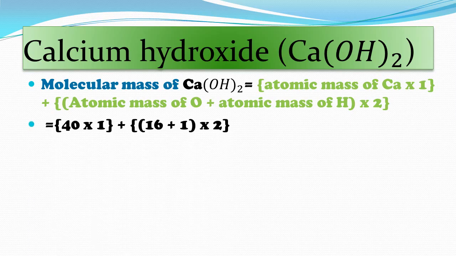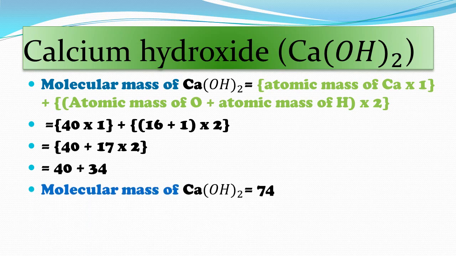The atomic mass of calcium is 40 multiplied by 1, plus the atomic mass of oxygen, 16, plus the atomic mass of hydrogen, 1, multiplied by 2. So next it will be 40 plus 17 multiplied by 2. 17 multiplied by 2 is 34, and 40 plus 34 is 74. So the molecular mass of calcium hydroxide is 74.